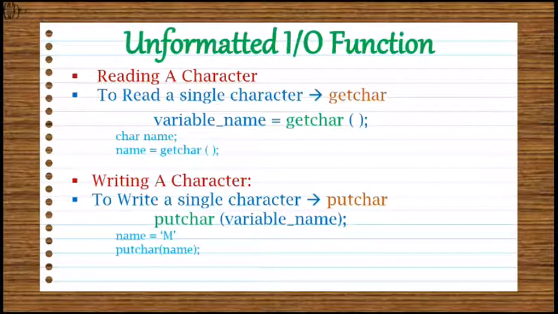For example, the value of name is m, and if you want to display the value of name, then the statement will be putchar, and in brackets the variable name, that is name. After executing putchar(name); it will print the m which is stored in name.